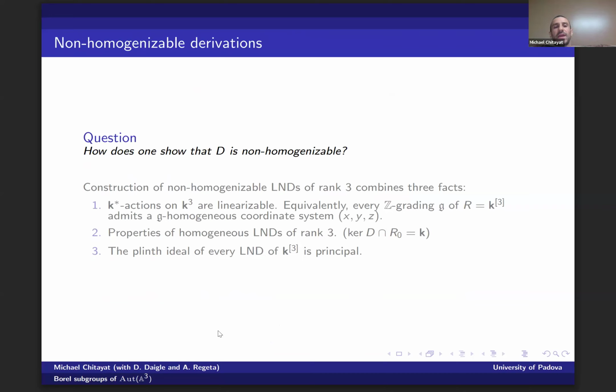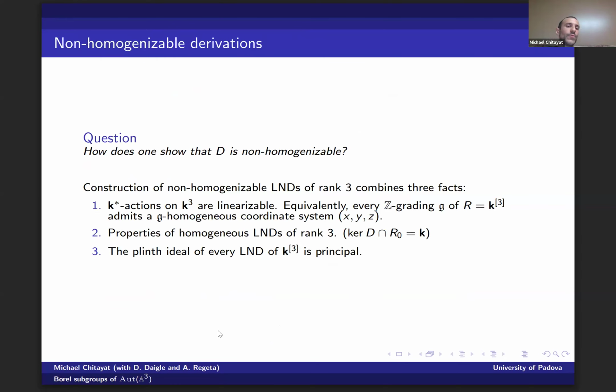So in this case, we were able to construct non-homogenizable derivations of rank 3 using the following 3 things. So we use the fact that C star actions on C3 are linearizable, and this is a big result of Kraft, Russell, Kaliman, and Makar-Limanov, I think.